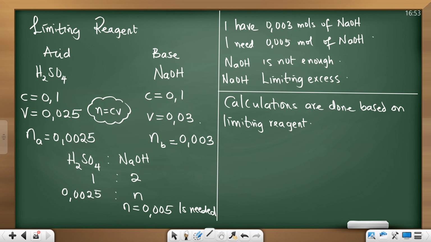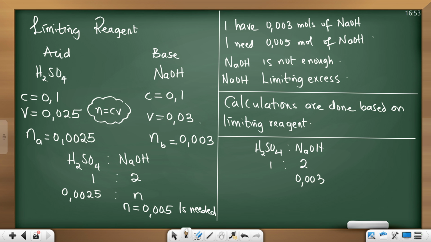All right, check this. Let's check something. If I were to use the base, H2SO4 and NaOH, ratio 1 to what? 2. What's the number of moles of the base? Sorry, what do I have? 0.003. Are you with me? What do I need? I need exactly half of it.